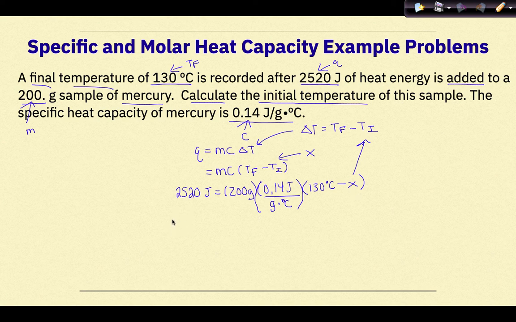So 2,520 is equal to 200 times 0.14 times 130. So all three of these things multiplied together is going to give me one number. Then, because I am distributing these two numbers all the way through, it's going to be 200 times 0.14 times x.